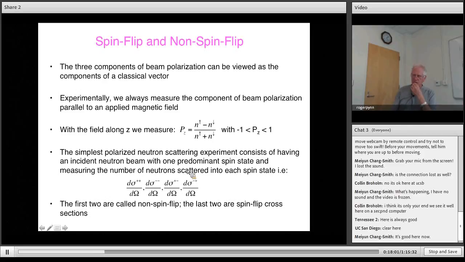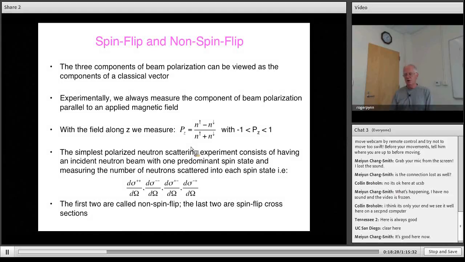So now we know what a polarized neutron beam is. It's a beam which is predominantly composed of one of the neutron spin states. And the sort of experiment that we're going to do is an experiment where we scatter these polarized neutrons from a sample and analyze what the polarization state is.